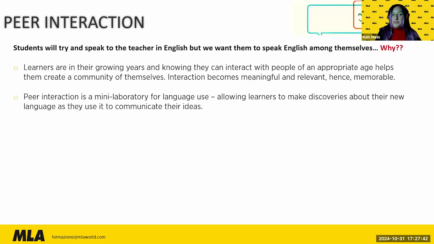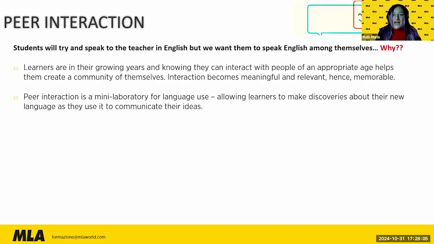And then, peer interaction is a laboratory for use of language. So they explore together, they correct each other, they self-correct, they take risks, they communicate ideas, and they spot errors in the language the other person is using, which is great because then they can actually apply it to themselves and measure what they know.